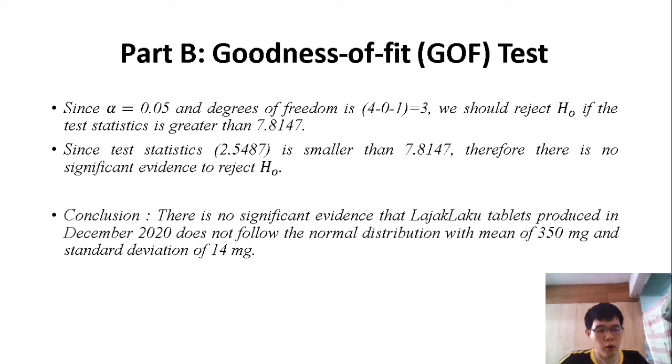Therefore, in conclusion, there is no significant evidence that the tables produced in December 2020 do not follow the normal distribution with a mean of 350 mg and the standard deviation of 14 mg.